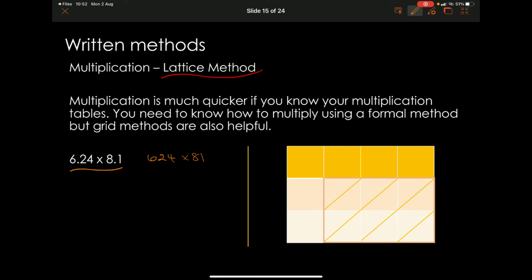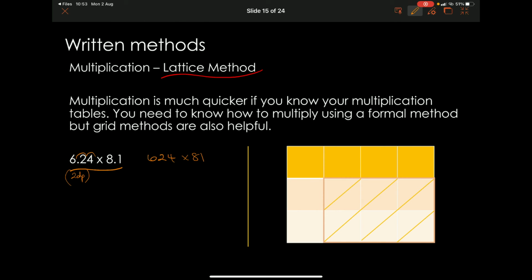But the only problem is here, when we figure out the answer, we have to put our decimals back in. Whereas if it's not a decimal question, then you won't have to do that. So either way, this method will work. We just need to remember that here with this 6.24, we moved our decimal point 2 places to get rid of it. Okay, so I'm going to put 2 dp there.